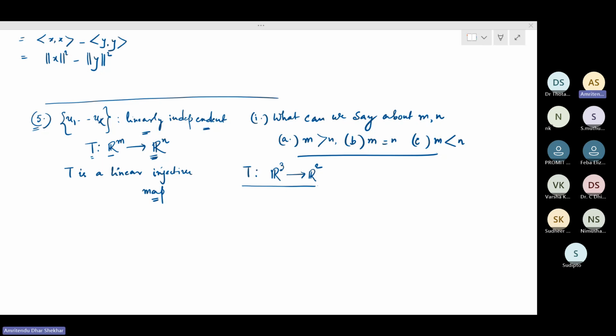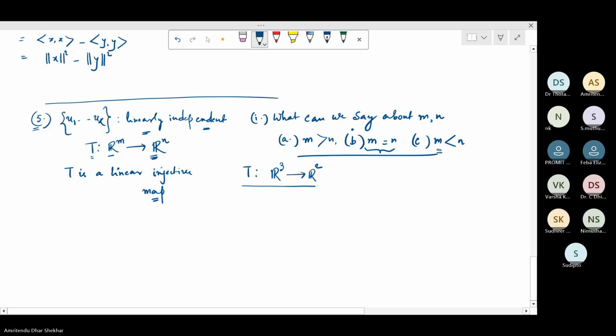Okay. Someone said that m is equal to n. Okay, let's take this option. But is it possible that m is smaller than n? Is it possible that m is bigger than n?